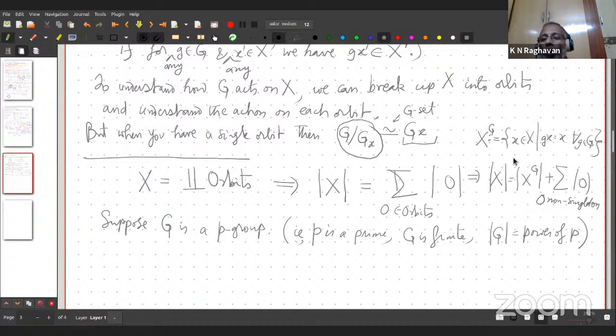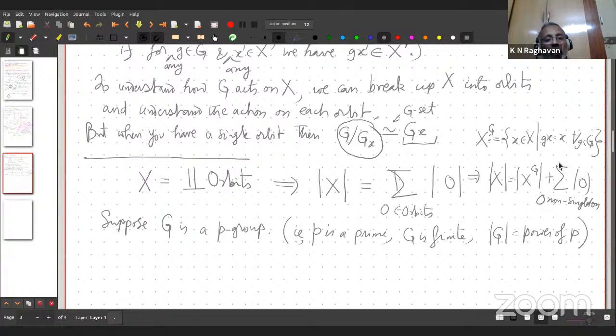Each of them is a single orbit. So instead of writing 1 plus 1 plus 1 so many times, let me write it like this. This summation takes care of all singleton orbits, and this summation is over all non-singleton orbits.